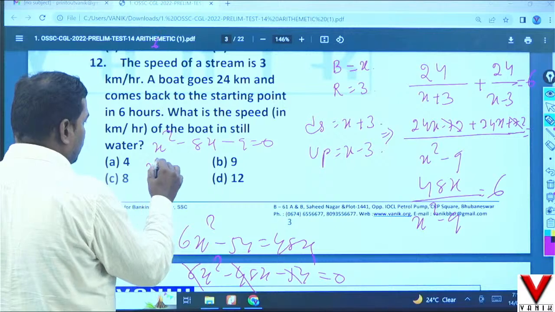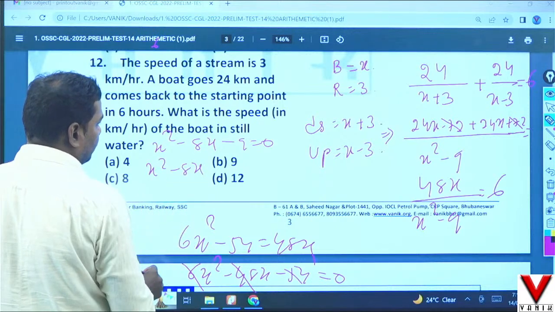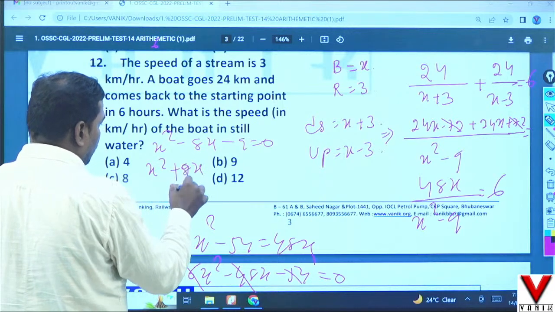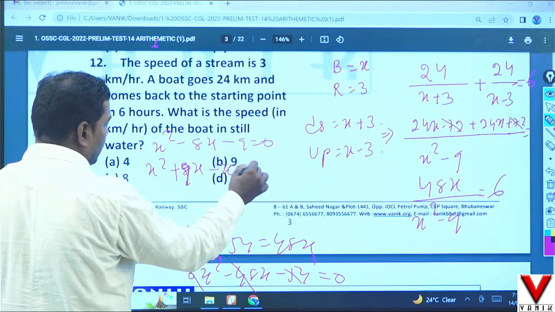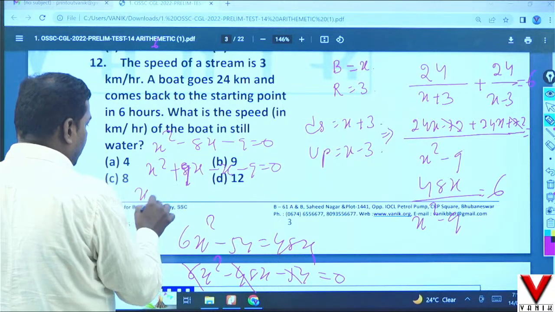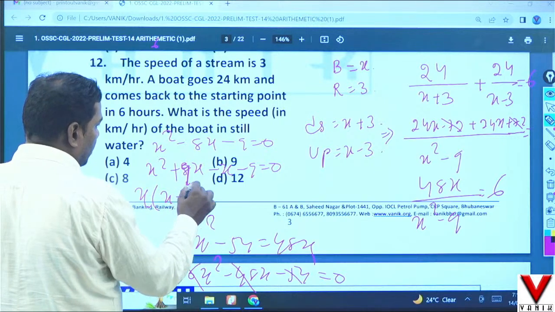Then x square minus 8x, plus 9x minus x minus 9 is equal to 0.